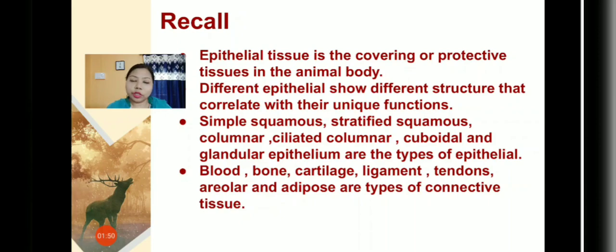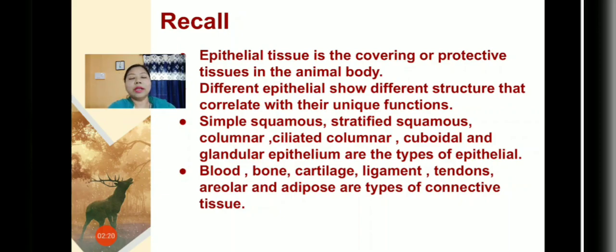Simple squamous, stratified squamous, columnar, ciliated columnar, cuboidal and glandular epithelium are the types of epithelial found in animal body. Bone, blood, cartilage, ligaments, tendons, areolar and adipose are the types of connective tissues found in animal body.